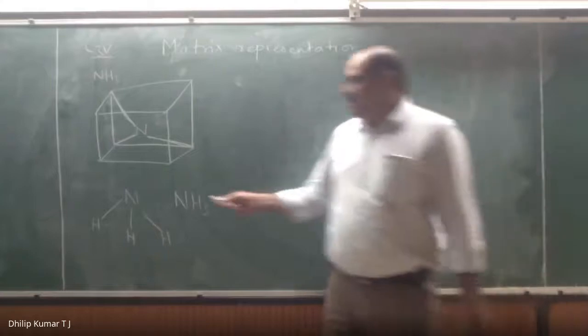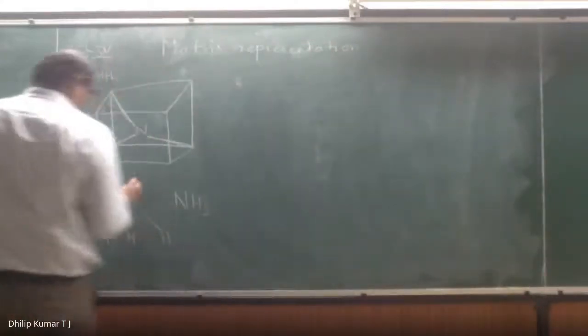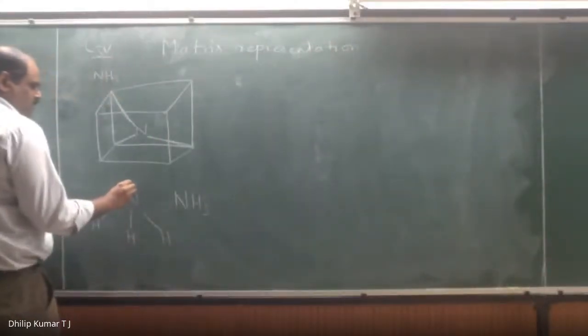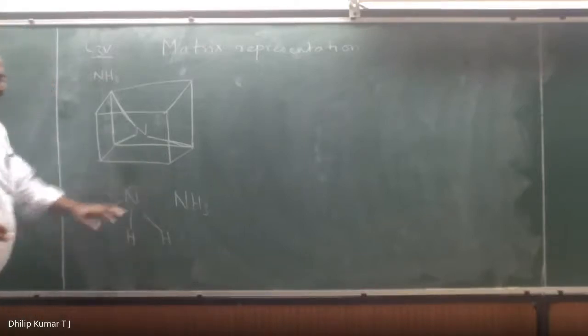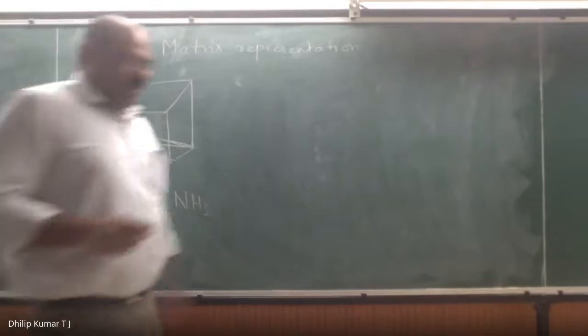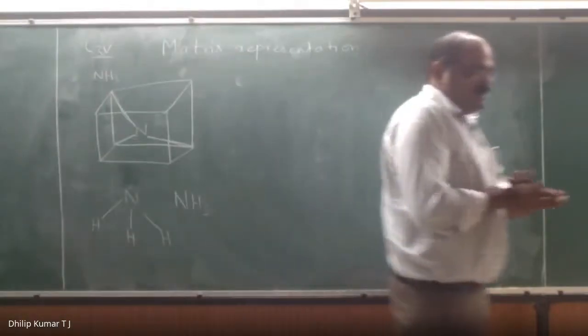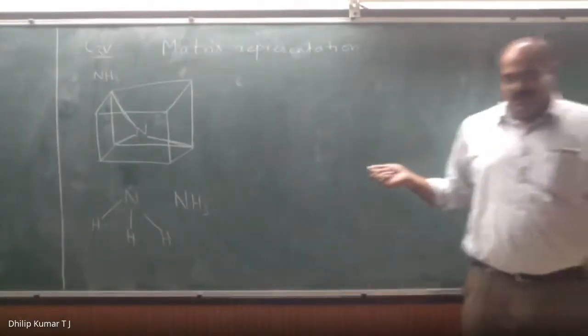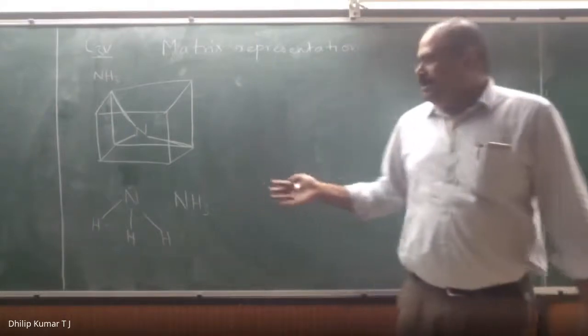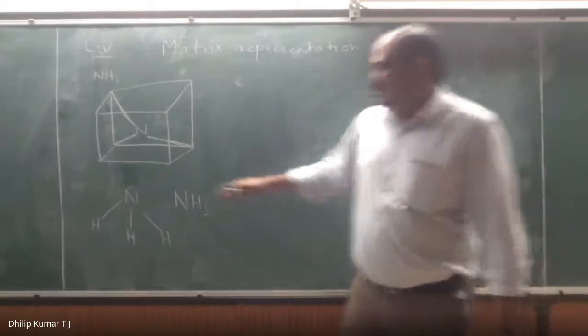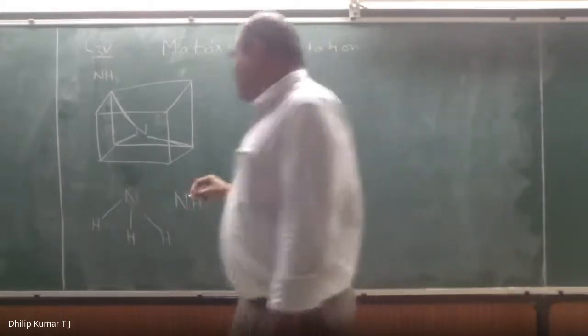In ammonia also, there's one lone pair of electrons. We don't consider that, because there's no bonding there. We just simply see the atoms, how they are connected. So that's why water is C2v. It's a planar molecule. Ammonia is non-planar, C3v. That's why we are considering water as just planar.